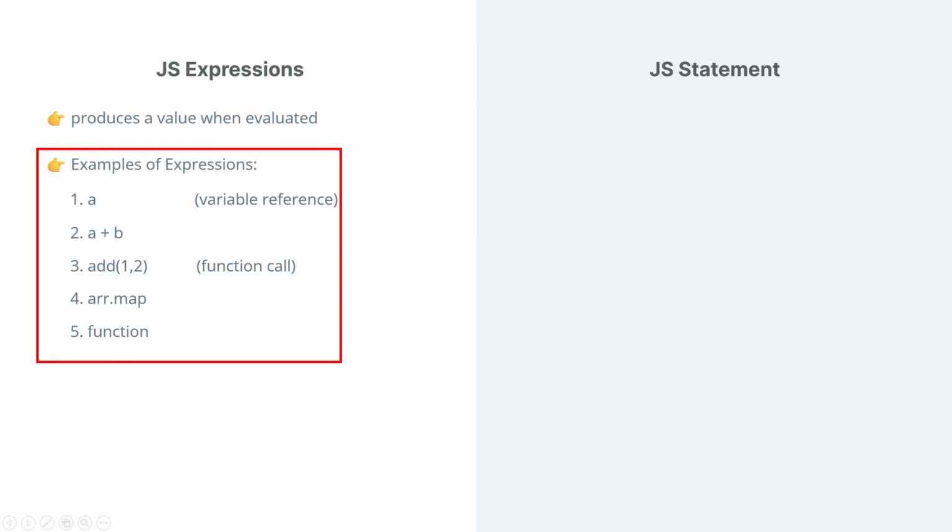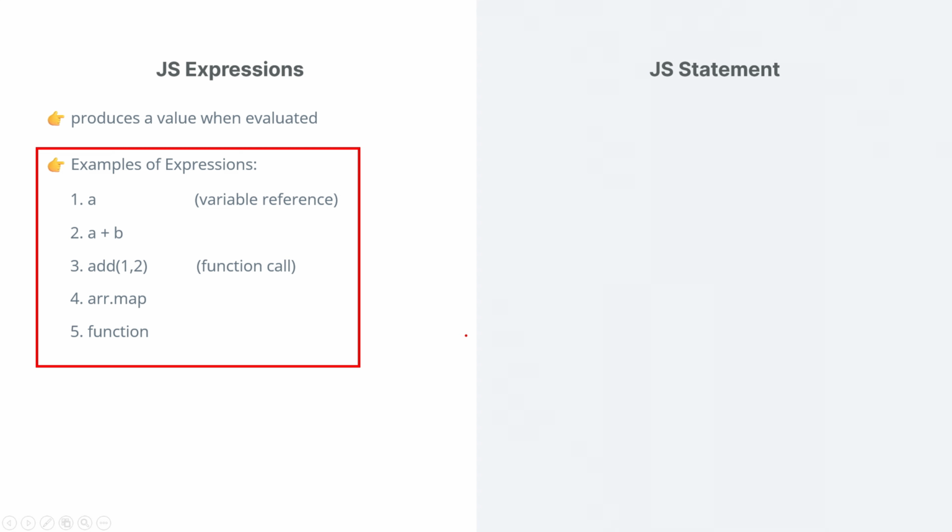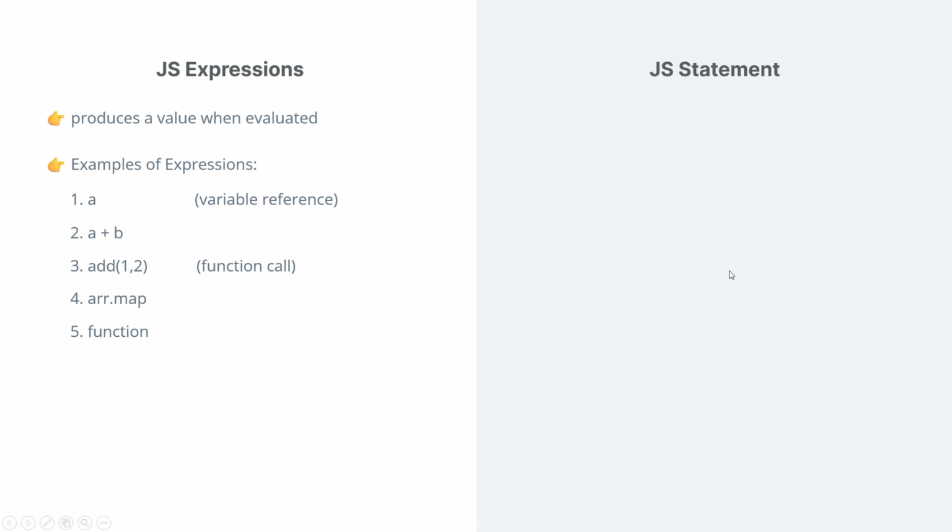The above are expressions. Next, let's talk about another concept. What is JavaScript statement? The following are all statements. First, if conditionals. Look at this. Does it qualify as an expression? Can you assign it to a variable on the left-hand side?